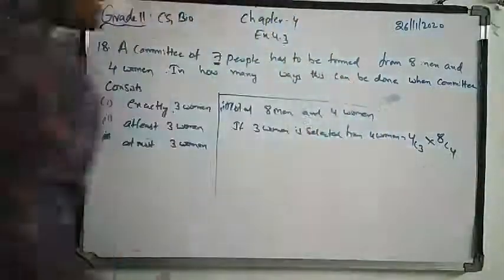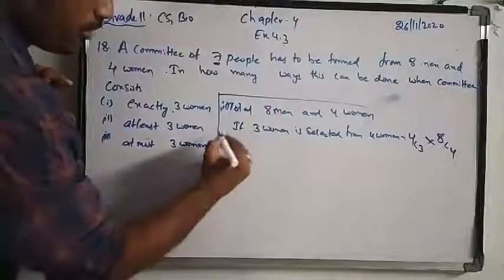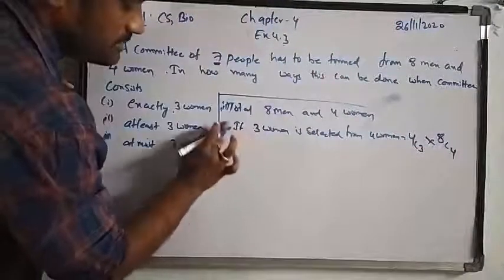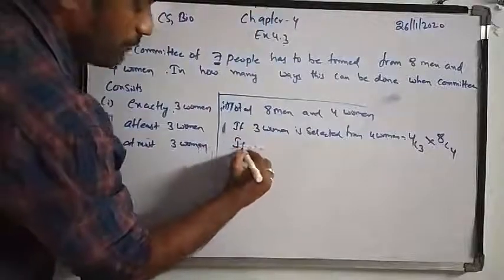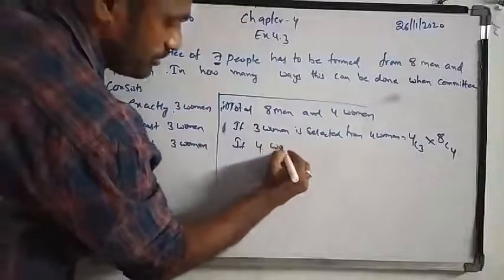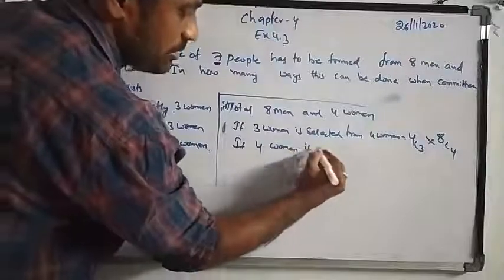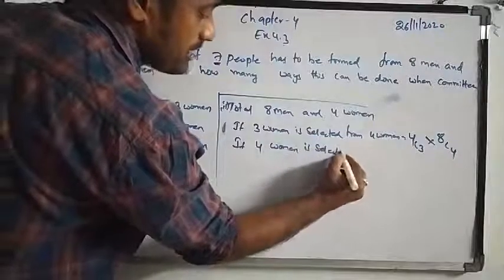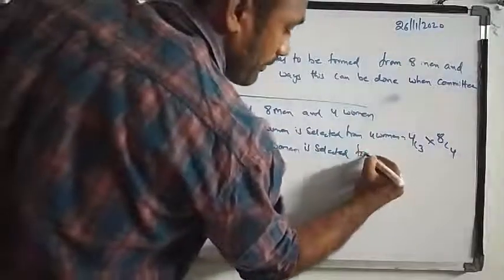Among the 8 men we are going to select 4 men. Okay, this is the first case, and the second scenario is that if there are 4 women, we are going to select all 4 women from 4 women.